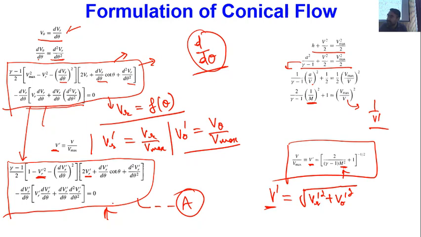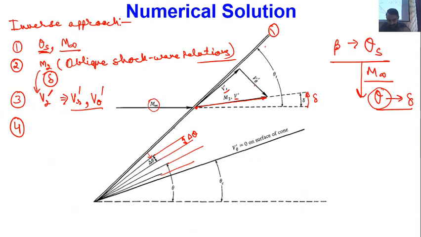I will be numerically solving equation A. This is an ordinary differential equation. For solving a non-linear ordinary differential equation using a numerical procedure, I can apply the Runge-Kutta method. So using that method, I can calculate the value of Vr dash at the next ray.